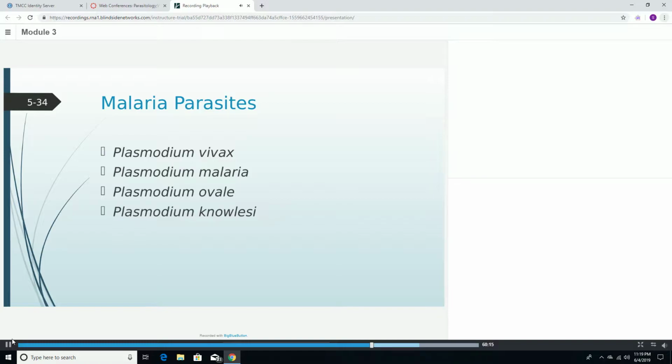With Plasmodium vivax, there's a repeated exoerythrocytic development in the liver. So Plasmodium vivax can cause a relapse where the erythrocytic cycle starts again years after an initial infection. So if the patient goes untreated, there can be a relapse in this disease.